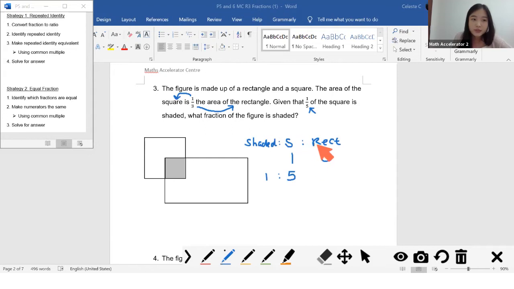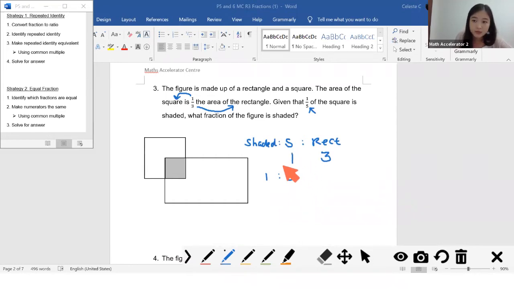Okay, so what's the repeated identity? Shaded, square, or rectangle? It's quite obvious, right? Yeah, it's the square. Okay, so you have 1 and you have 5 here. So you have to find the common multiple, right?